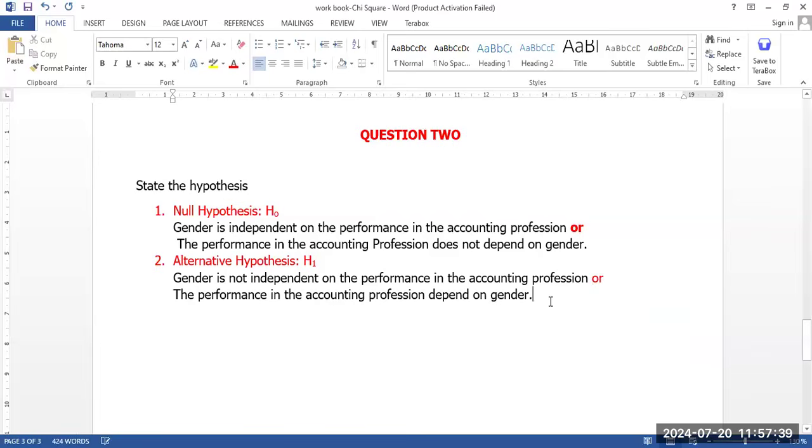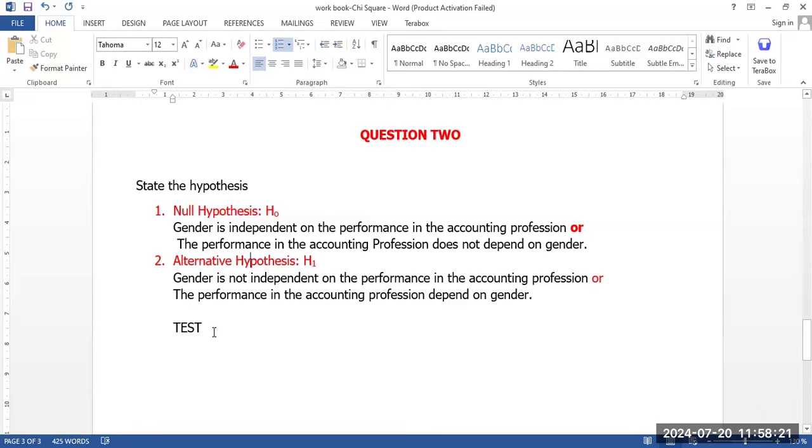So we go to the next. Now we want to test, to confirm whether what the chairperson stated is true or false. Remember, this chairperson stated that the performance in the accounting profession does not depend on gender.